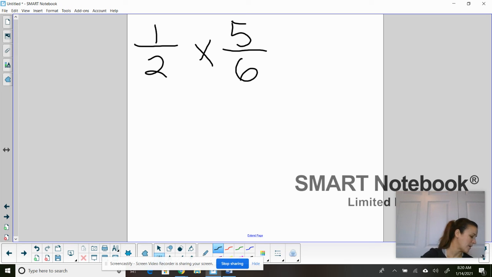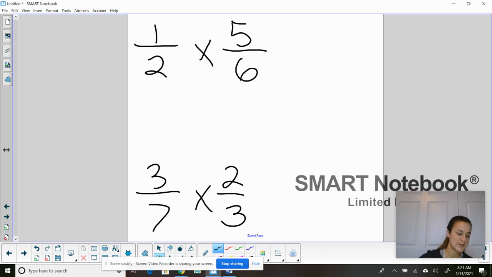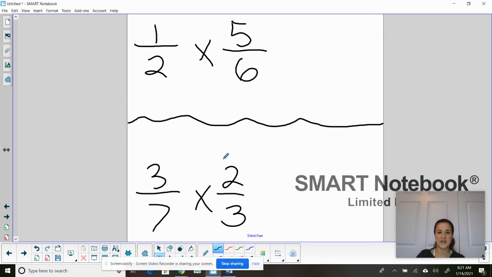And then your second problem is going to be 3/7 times 2/3. You can do these in Jamboard. We're going to check them at the end of class.